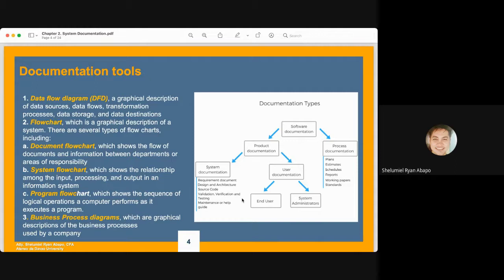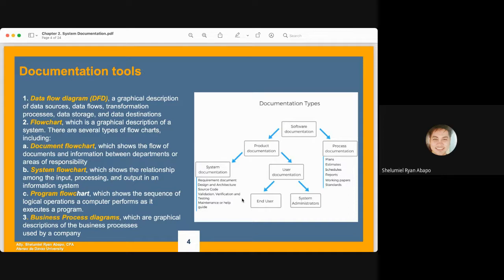Say, for example, if you've purchased an accounting information system software like SAP, SAP would include software documentation that will tell users how to use the system, and at the same time respond should there be problems, the need to troubleshoot it, or to rectify certain errors that may arise along the way. The software documentation will include the product documentation and the process documentation.